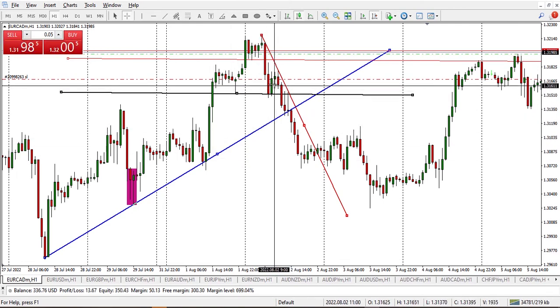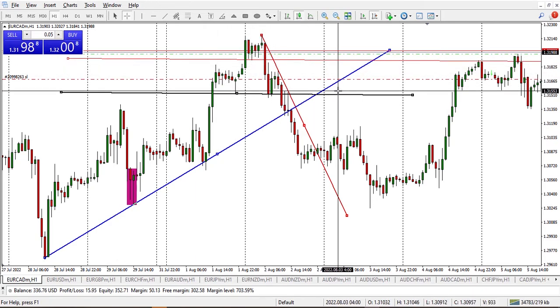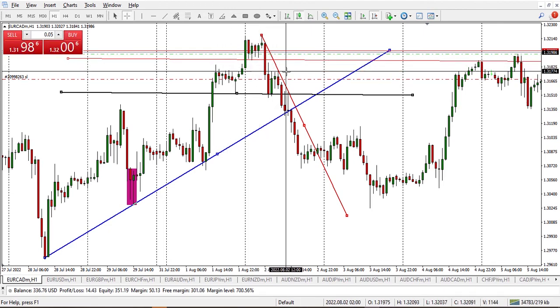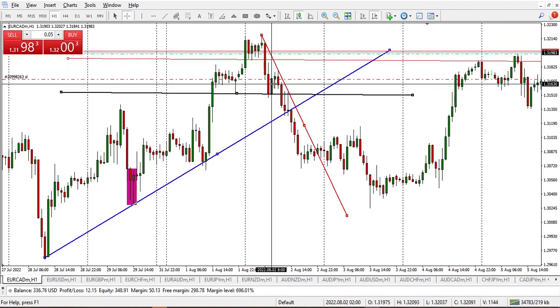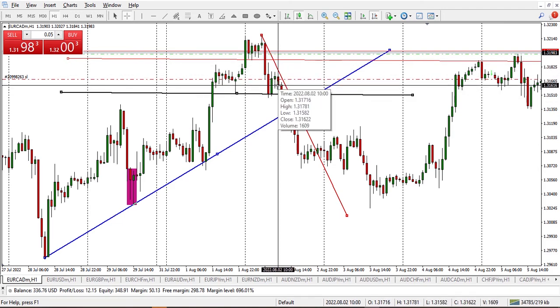So imagine this, the market couldn't break that level here where we had our initial downward trend. The market couldn't break that, and then the market came back, broke the other line. So immediately I saw this red line, I would have taken this trade.